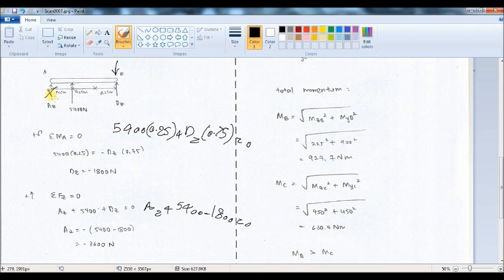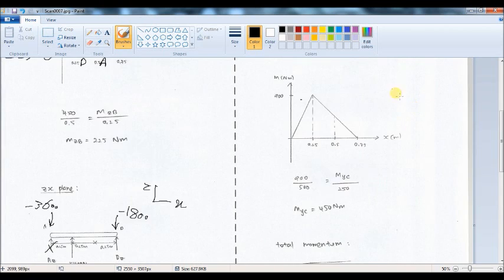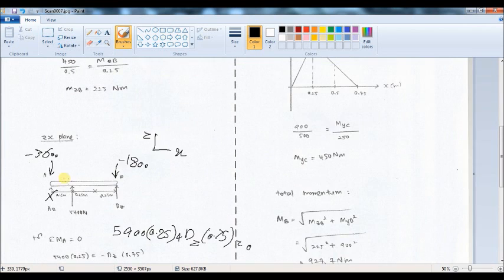That means the actual direction is this, and equal to 3,600, and this one was negative 1,800.